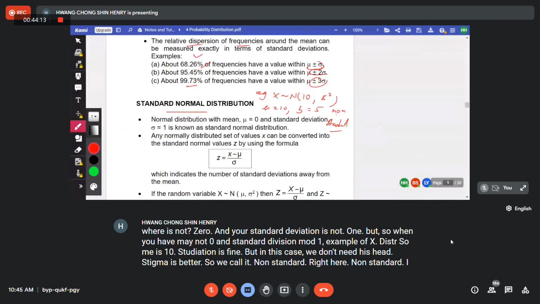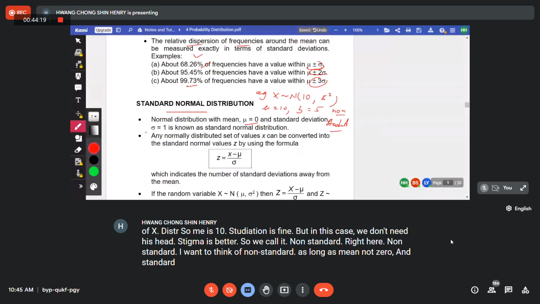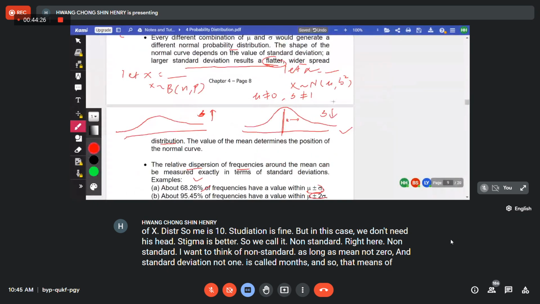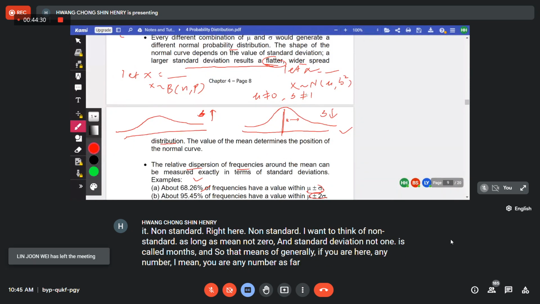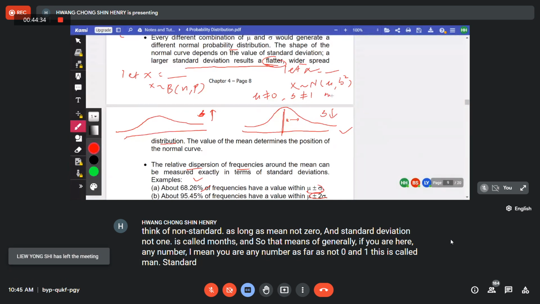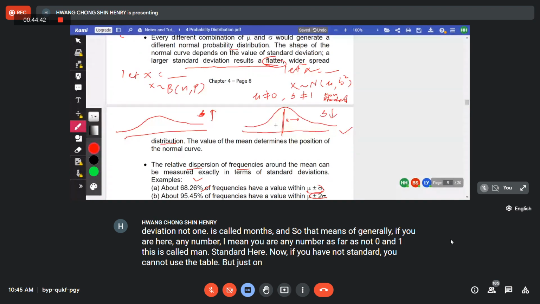As long as mean is not 0 and standard deviation is not 1, it is called non-standard. So generally, if you write any number for mean and sigma, as long as not 0 and not 1, this is called non-standard. Now, if you have non-standard, you cannot use the table that we have seen.